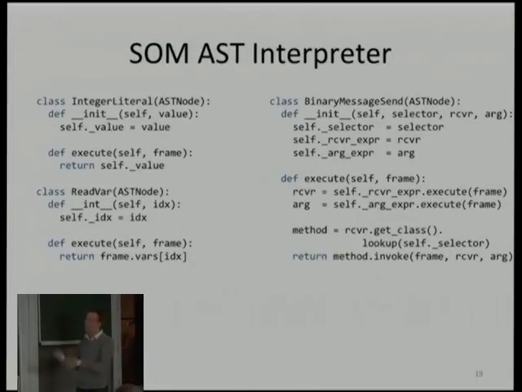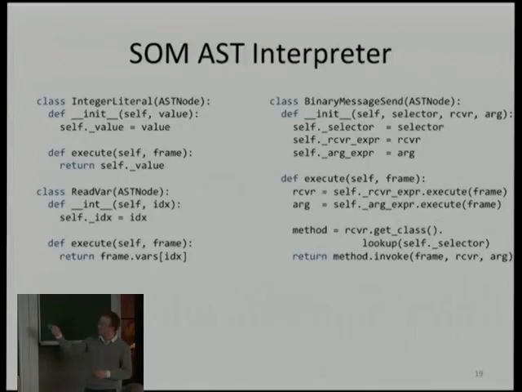And here I didn't have to encode the stack explicitly. I can actually just reuse the stack of my implementation language and just have in my code here receiver, argument, variable and so on. And I don't have to think about stack balance and what I have to push first, what I have to push later, and so on. So implementing that kind of interpreter seems to be much more natural.